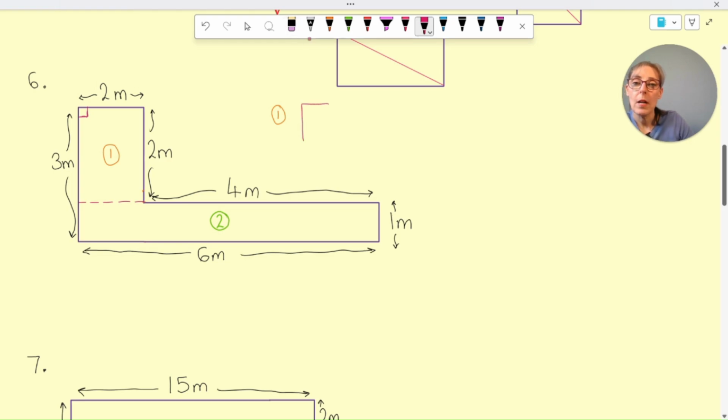This is my rectangle for number 1, and it is 2 meters by 2 meters. So it's actually a square, but it looks like a rectangle because of the way it's drawn. But I need to go by the information that I've been given, and that says 2 by 2, so it is a square.